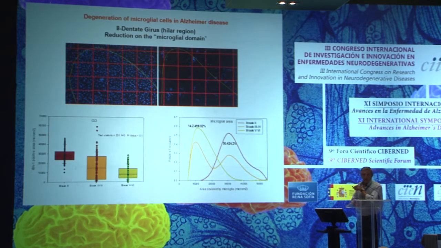Of course, this degenerative process also changed the microglial domain, which we observed very clearly. As you remember, in BRAAK 2 samples, the microglial cells are more or less evenly distributed in the parenchyma, covering approximately 30% of the brain area.